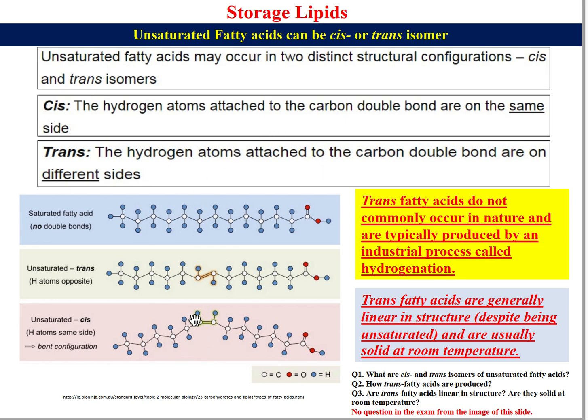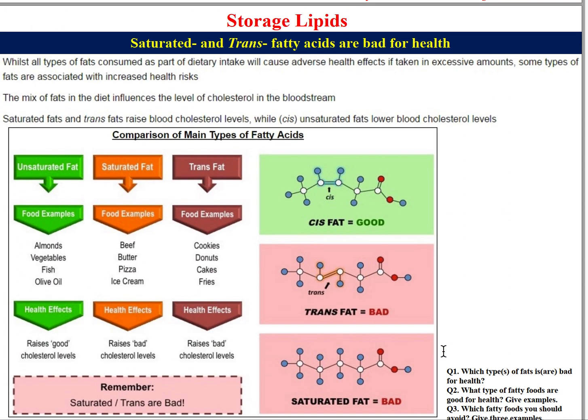Look at here, this is cis. But when the hydrogen atoms attached to the carbon double bond are on different sides, it's called trans. Trans fatty acids do not commonly occur in nature and are typically produced by an industrial process called hydrogenation. Trans fatty acids are generally linear in structure despite being unsaturated and are usually solid at room temperature.